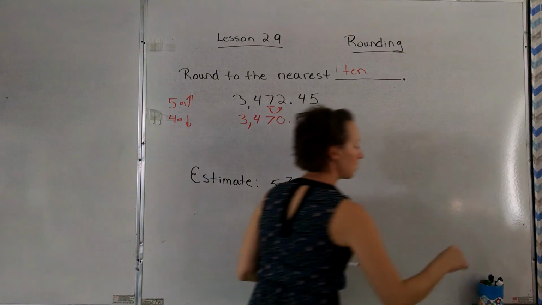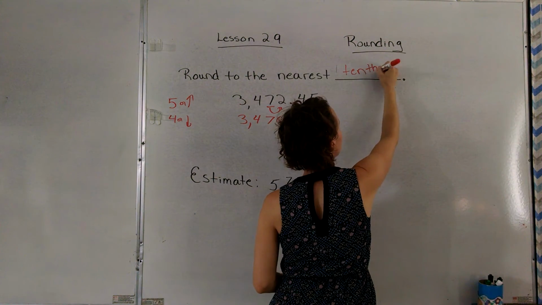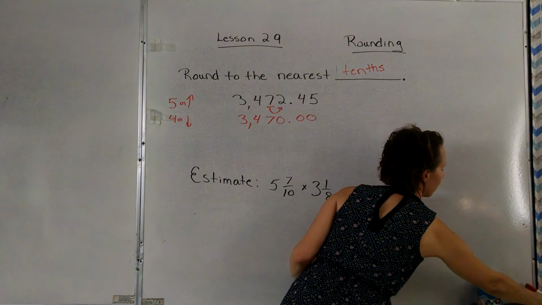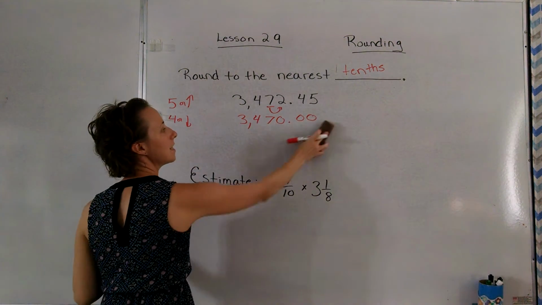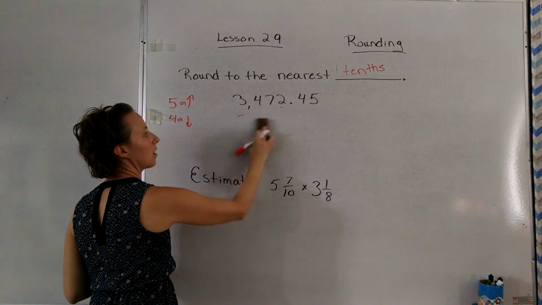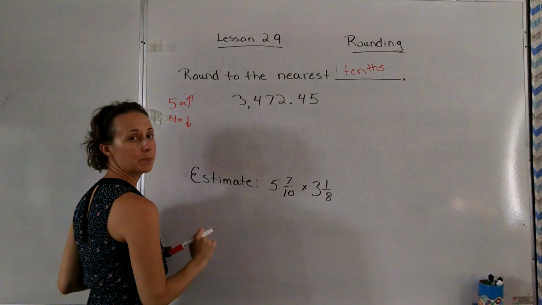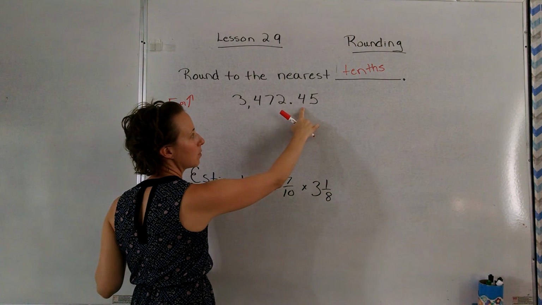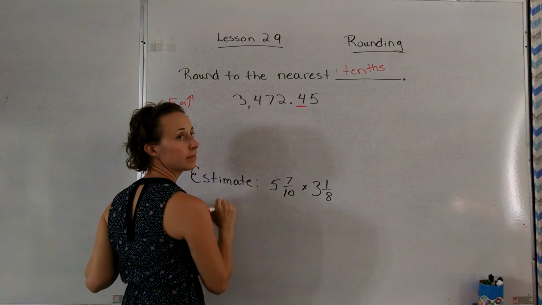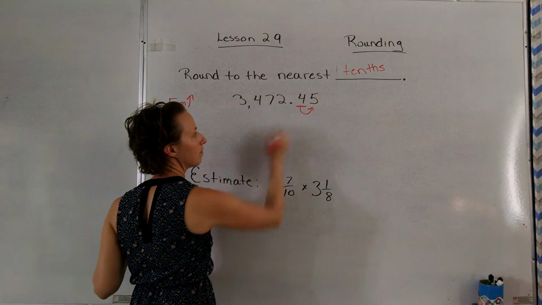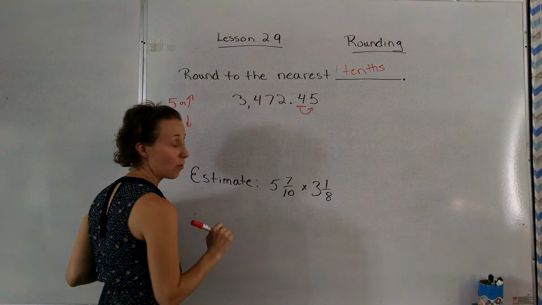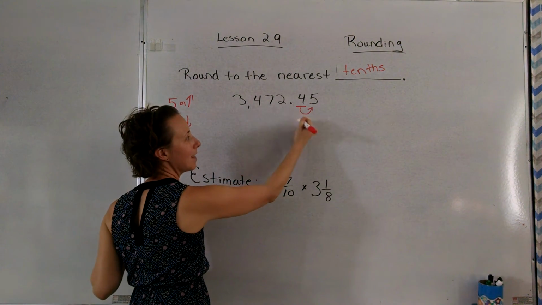This works for decimals as well. If the problem asks you to round to the nearest tenth, we would do exactly the same system. The tenths place is right after the decimal point. Look at the number next to it. It is 5 or higher, so we're going to round our tenths up 1.